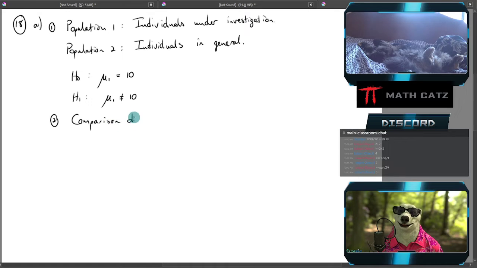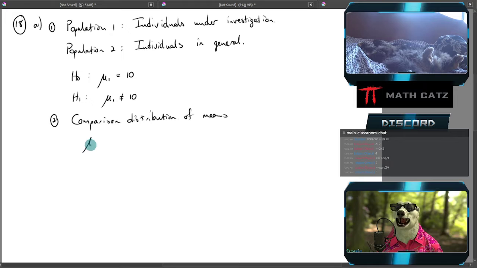Comparison distribution is going to be the distribution of means. Even though I'm investigating the population of individuals, the sample is what I'm working with, and I'm thinking of all possible samples of that size that I could get.